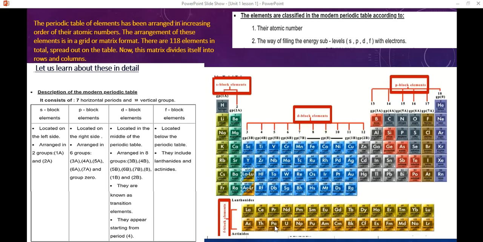Finally we have F block elements located below the periodic table, containing lanthanides and actinides.